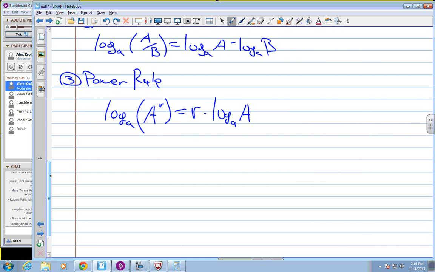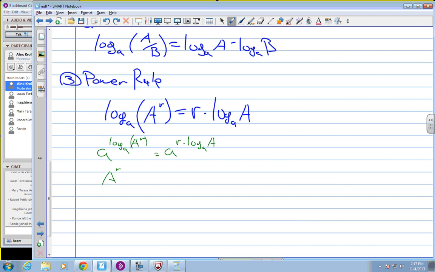You don't have to write this down, but if I raise a to the left side and I raise a to the right side, they are the same, because on the left side a is the base and it's raised to the power log base a, so that just collapses to a to the power r.